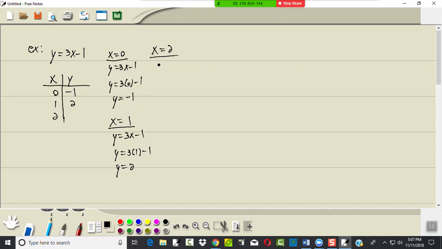And then we'll plug in our third one, x equals 2. So I'll plug that in for x. So I got y is equal to 3 times 2 minus 1. 3 times 2 is 6, minus 1 is 5.